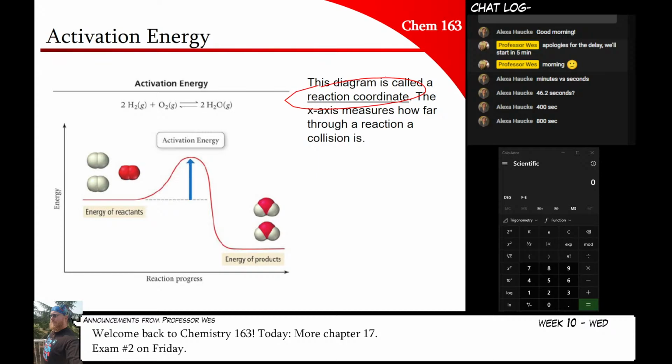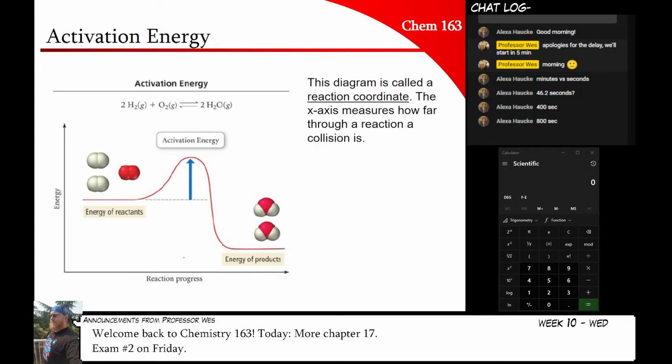For the longest time, I had no idea what this meant, and really all it means is how far along the reaction are you? So if you aren't very far along the reaction, then you're on the left side of this axis. You're at the reactant side. If you are far, you're at the product side. If you're in the middle, well, you're in an intermediary state.